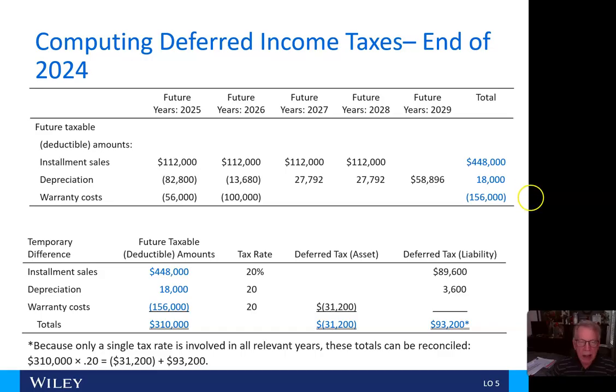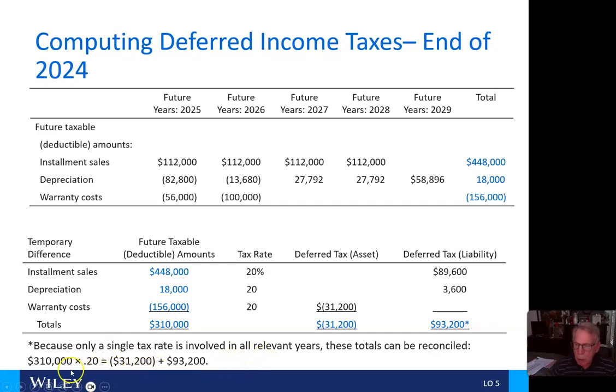Those are future taxable amounts. Now, temporary differences, we have our installment sales here of $89,600 deferred tax liability, depreciation of $3,600 for a total of $93,200. And that's because only a single tax rate is involved in all relevant years.